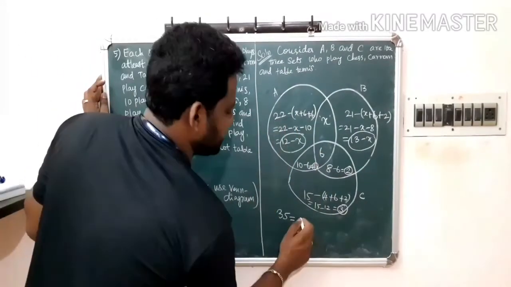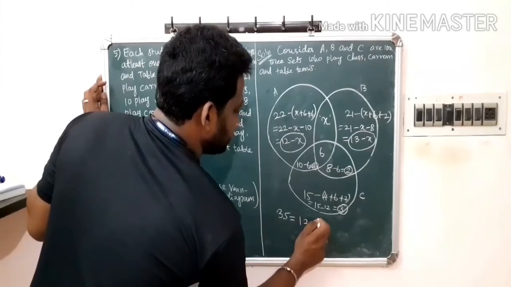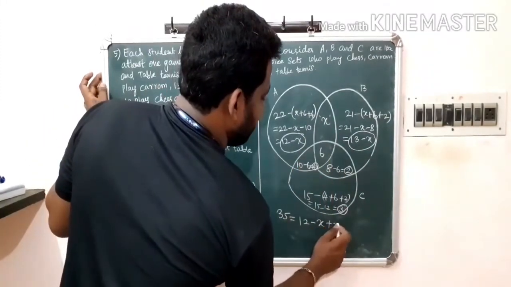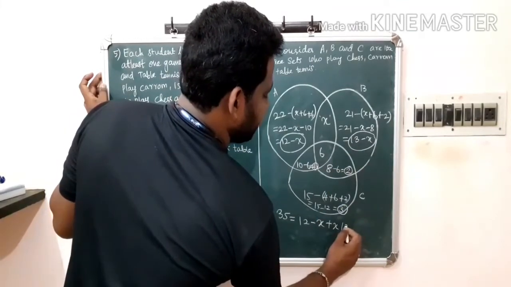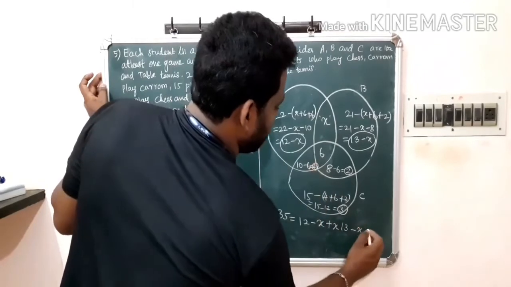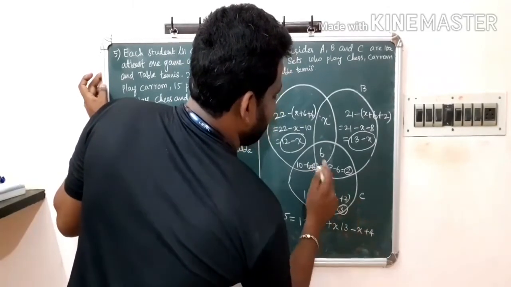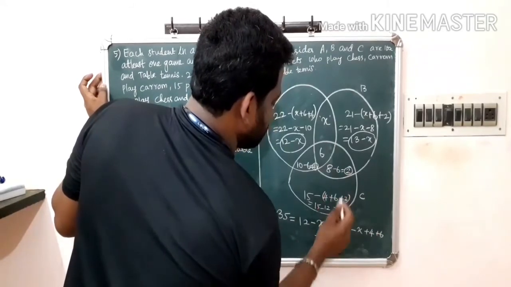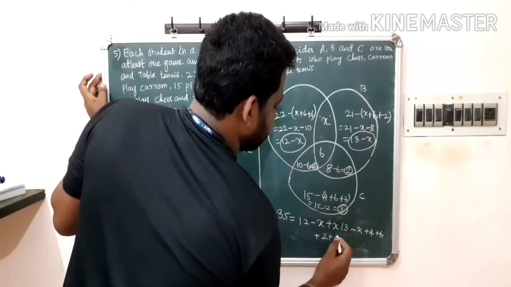So the first value is 12 minus x, and then plus x, and then 13 minus x, and then 4 plus 6 plus 2 plus 3.